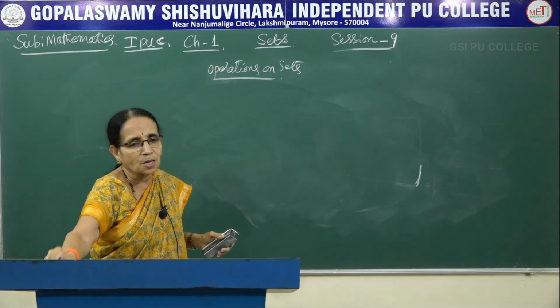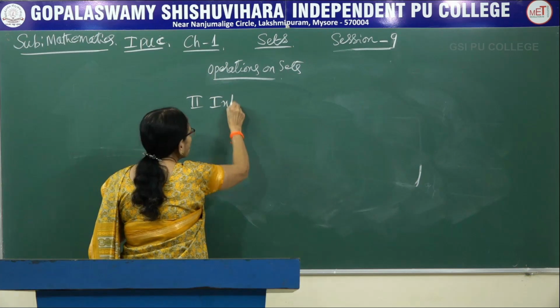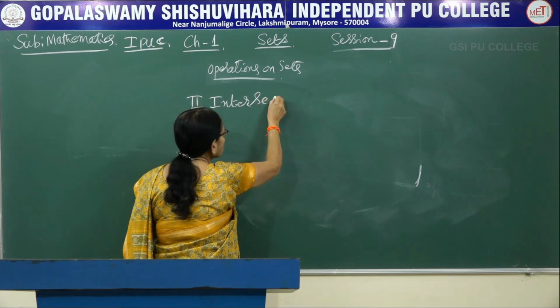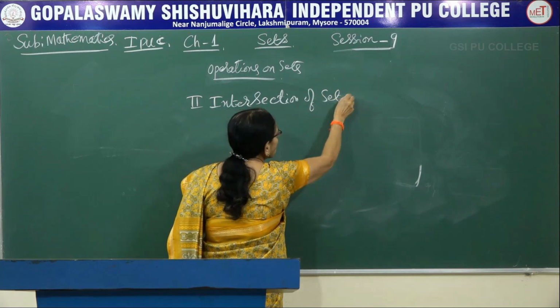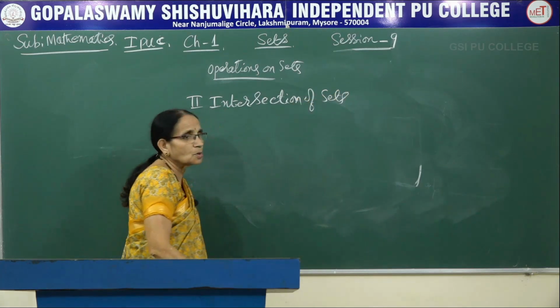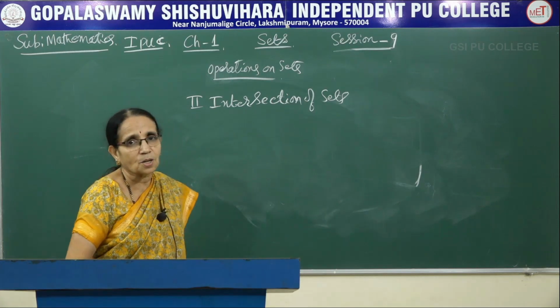The second operation is known as the intersection of sets. The first one is known as the union of two sets. The second one is known as the intersection of two sets.